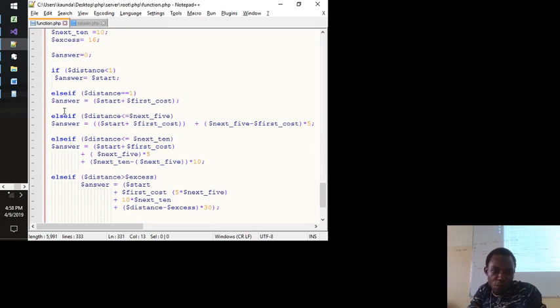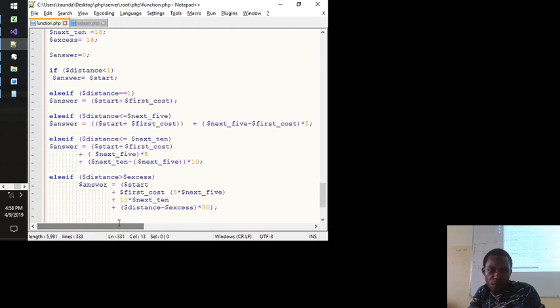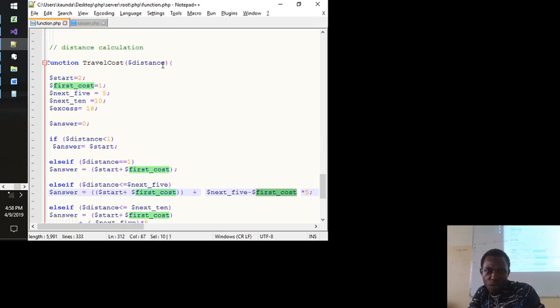So let's see. 4 falls here. So this is it. Then the value we are picking minus, I think it's supposed to be n. It's supposed to be the distance.